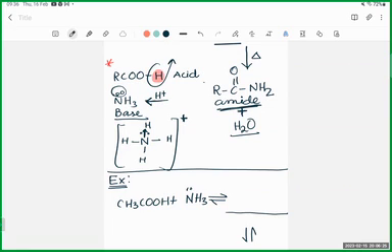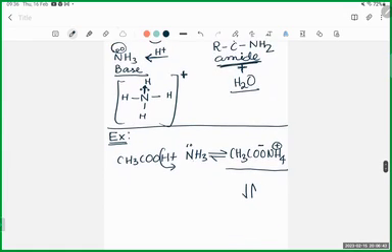Yeah, Hridaya, any confusion? You just need to release hydrogen and bring it over here. So CH3COONH4. That was number one. You don't need to think too much.